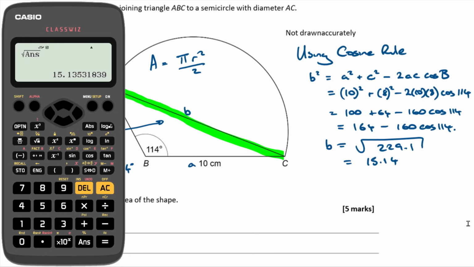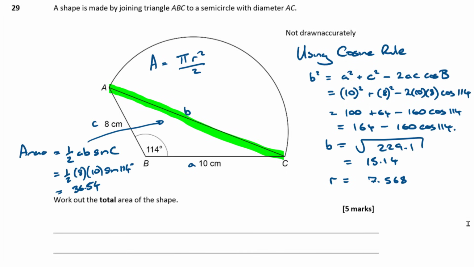And then I'm going to say, so that's my length b, and so now I know what AC is, which is the diameter. So then my radius is going to be half that, isn't it? It's going to be divided by 2. So that's 7.568. Okay, and now we can find the area of the semicircle, can't we?